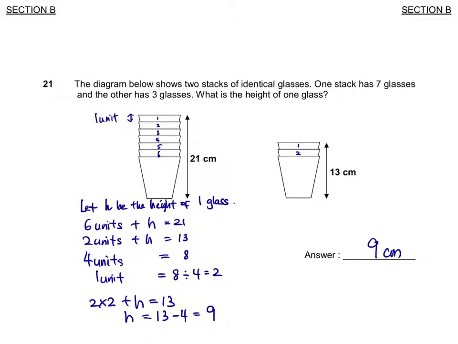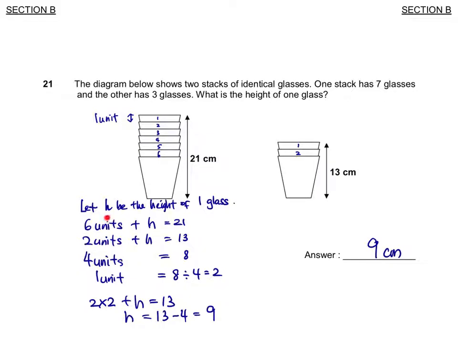Let h be the height of this. So 6 units plus h equals 21, and the other one is 2 units plus h will give you 13.